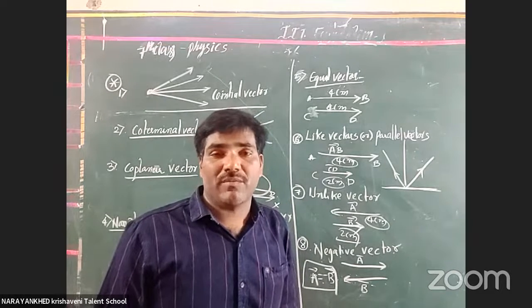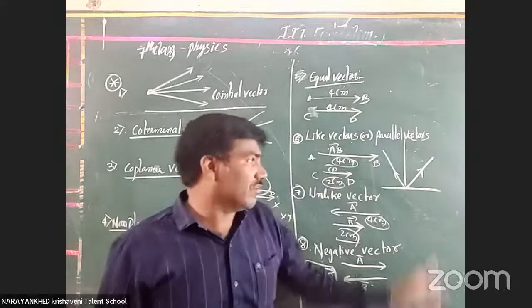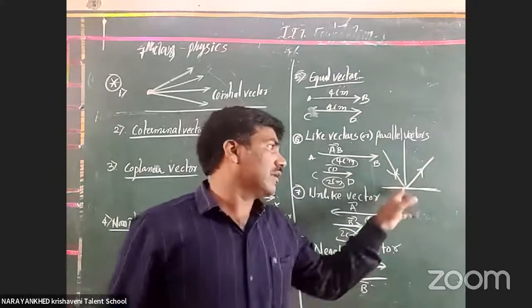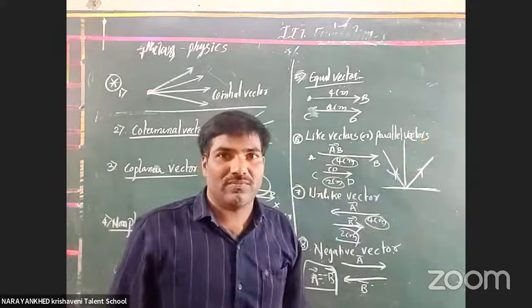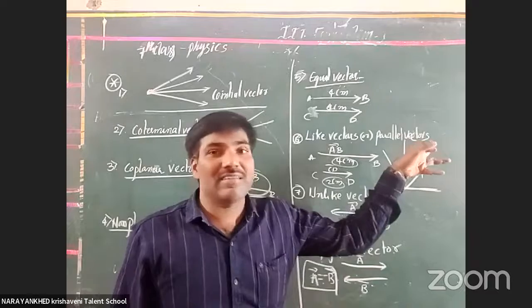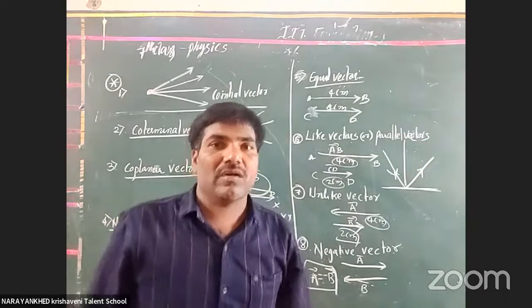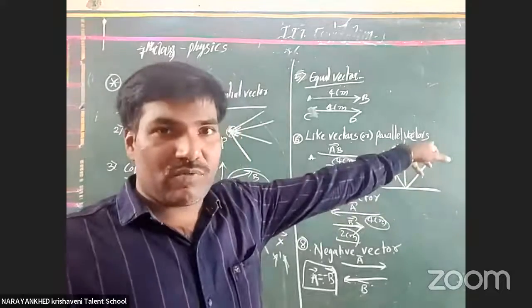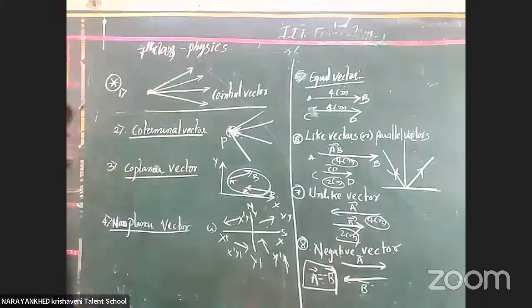It comes in this direction and is reflected in this direction. That is called coplanar. This is incident, this is reflected. Got it? I hope you got it.